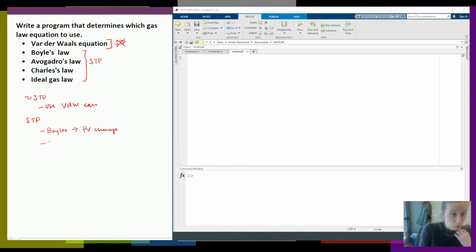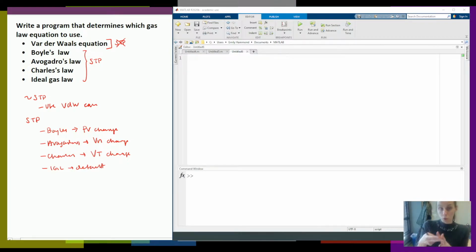I'm going to use Avogadro's law if I'm only varying volume and number of moles. I would use Charles' law when I am varying volume and temperature. And then I have my ideal gas law as my default.